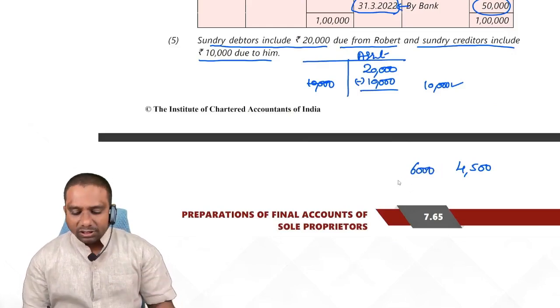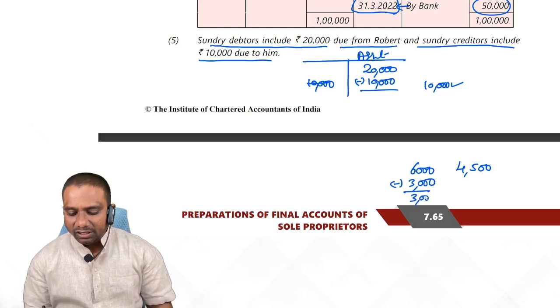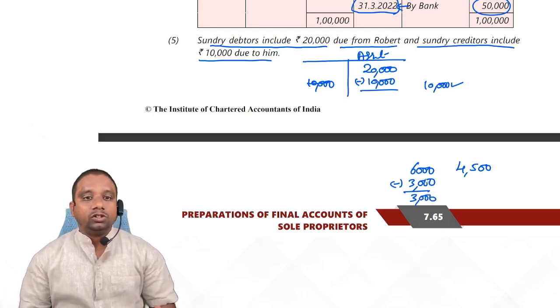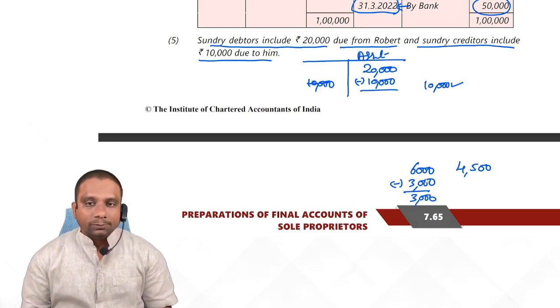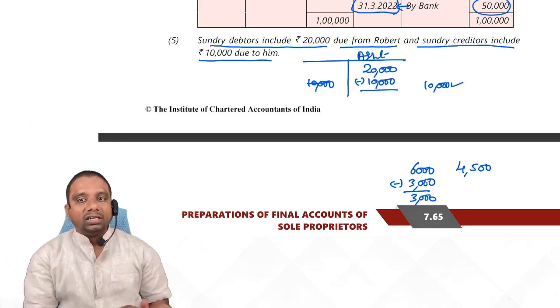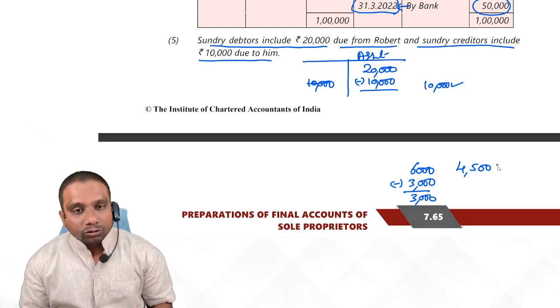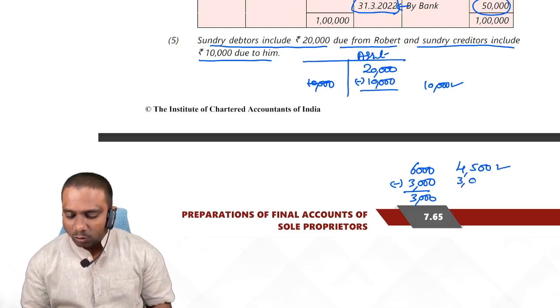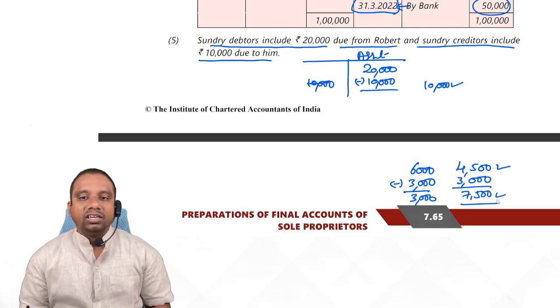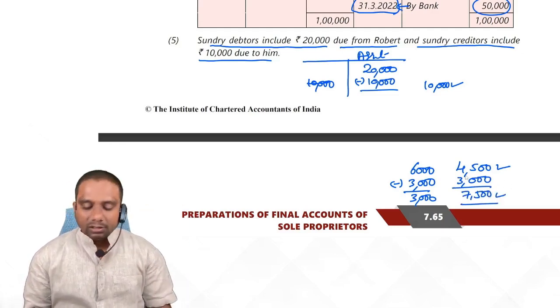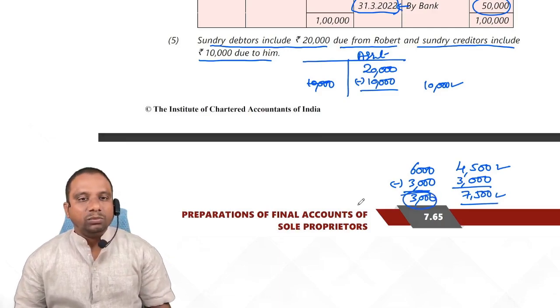Out of 6,000, already paid how much? 3,000. What is the remaining interest payable? Still 3,000 rupees. It is a liability for us. So in the P&L account, total 4,500 already paid, outstanding 3,000, total 7,500 P&L account debit. In the balance sheet, 3,000 liability.